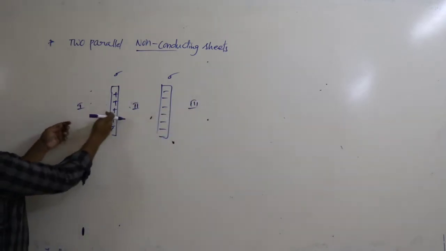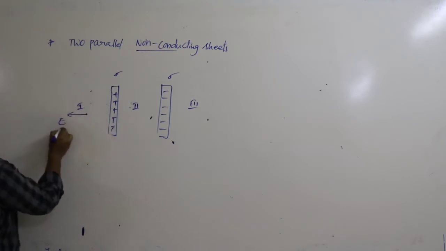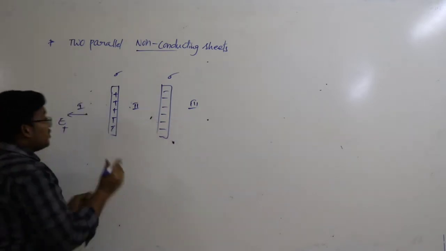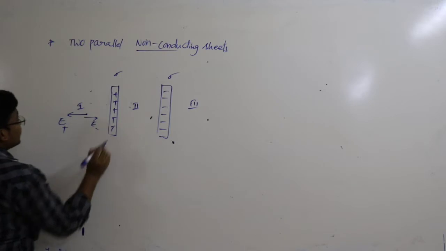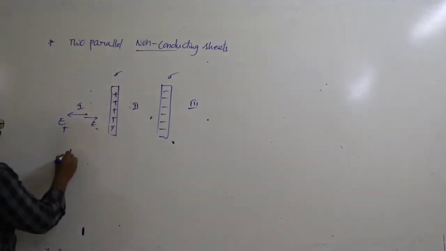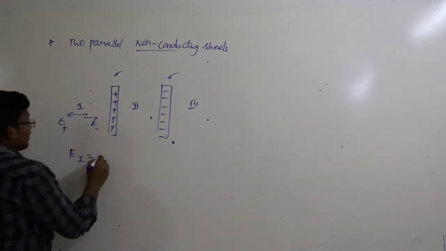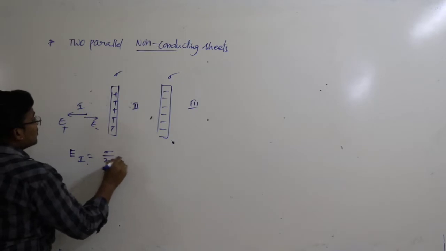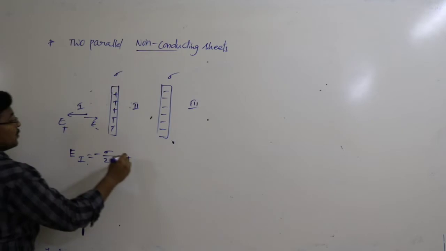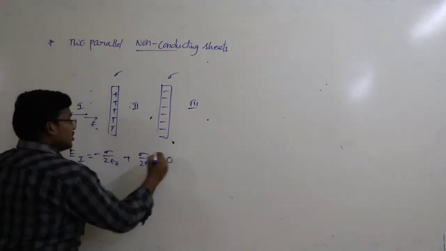Now you know that due to this charge the field will be to the right, this is E due to plus, and due to this negative charge, which will attract the point, this is negative, and you know that their charge densities are the same. Now E in the first region is nothing but they are opposite, so sigma by 2 epsilon naught taken as left side will be minus, plus right side will be positive, sigma by 2 epsilon naught. So both will give you 0.